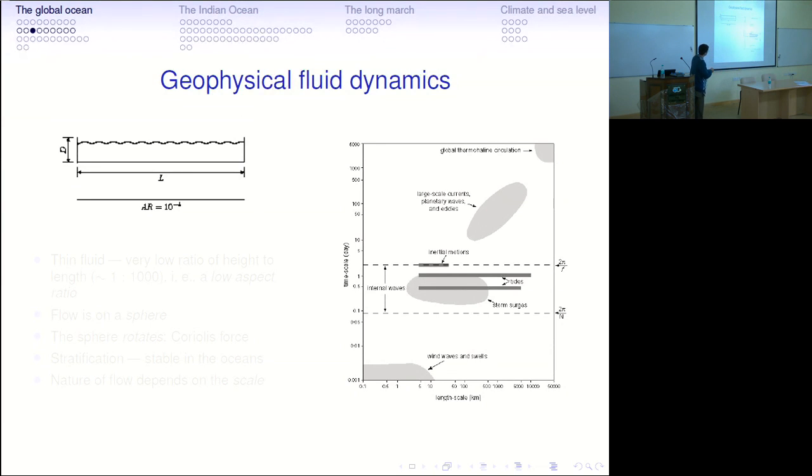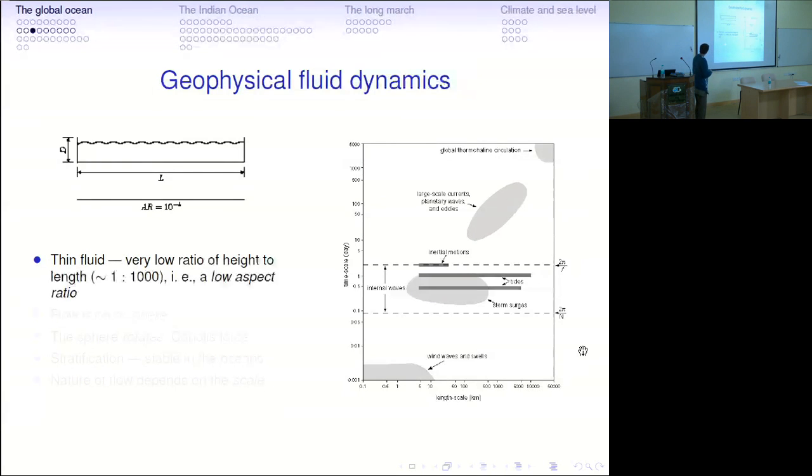While in geophysical fluid flows, and we're going to be looking at them, we're going to be looking at inviscid dynamics. So in spite of this low aspect ratio, very low depth to length ratio, you still have nearly inviscid flows, except near the surface and at the bottom of the ocean.